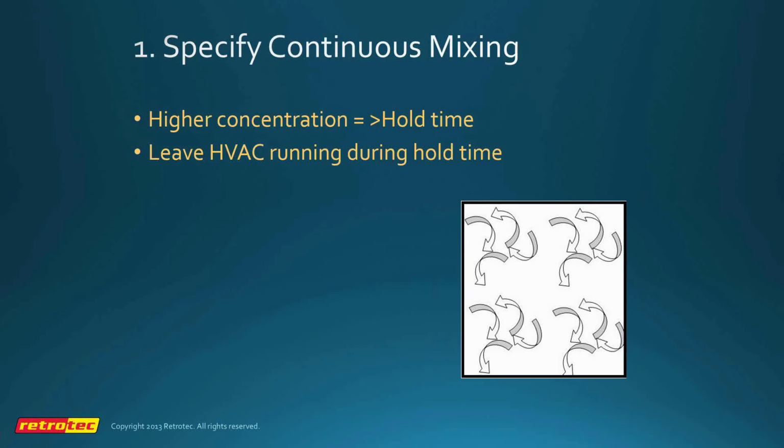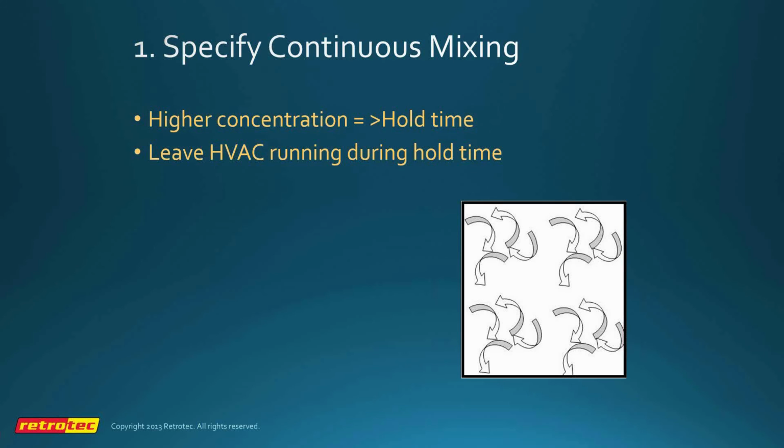It's almost impossible to pass these enclosures at 90% with the HVAC or the recirculating air conditioning systems off. So you're much better off to increase the amount of agent by about 20%, keep some recirculation happening within the enclosure, and rely on continuous mixing.